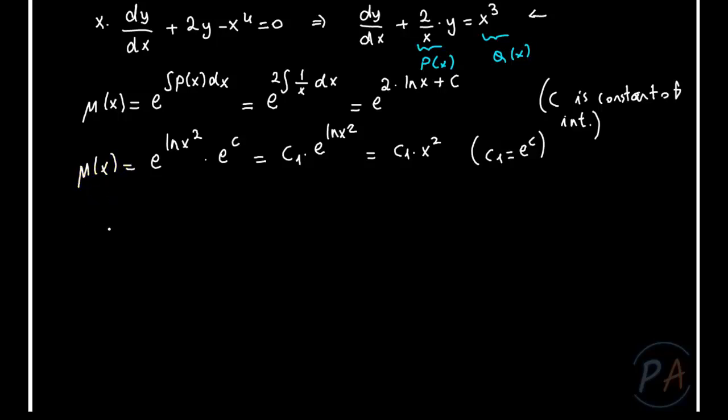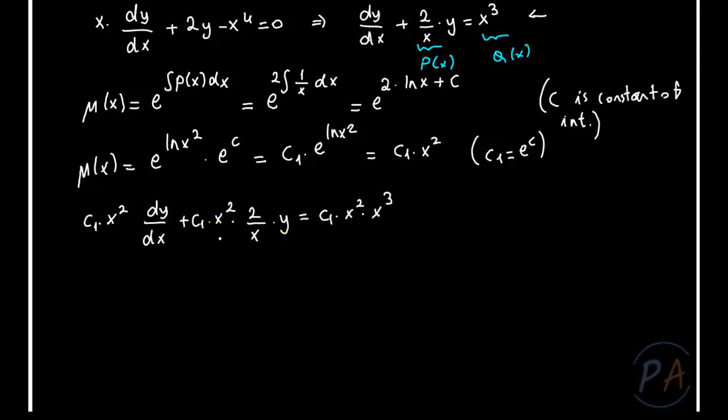It is going to be c1 times x squared times dy over dx plus c1 times x squared times 2 over x times y equals c1 times x squared times x cubed.